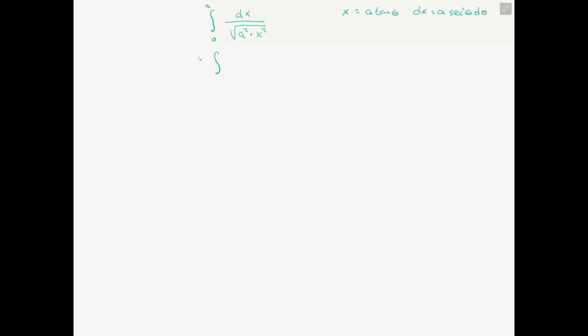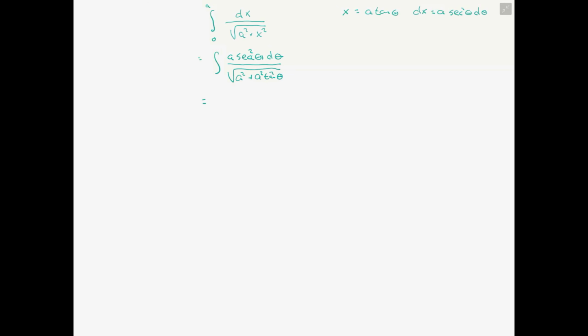Right now they would be dummy limits anyway. So dx is equal to a secant squared theta d theta, and we've got the square root of a squared plus a squared tangent squared theta.